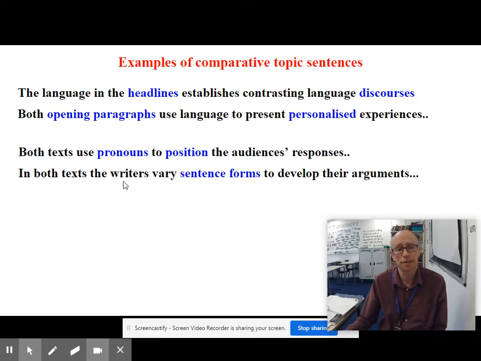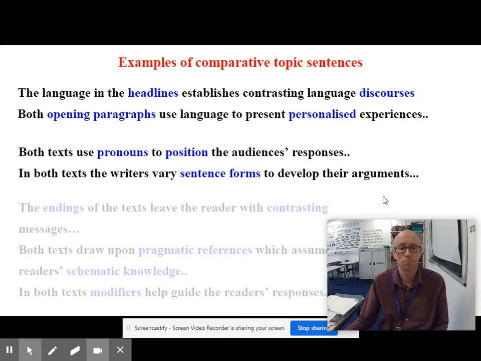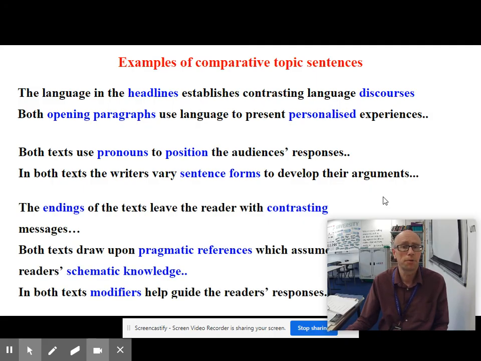So in both texts, the writers vary sentence forms to develop their arguments. Here are some other possible comparative topic sentences. The endings of the texts leave the reader with contrasting messages. Both texts draw upon pragmatic references which assume readers' schematic knowledge. And in both texts, modifiers help guide the reader's responses, by which I mean adjectives and adverbs or adverbials.